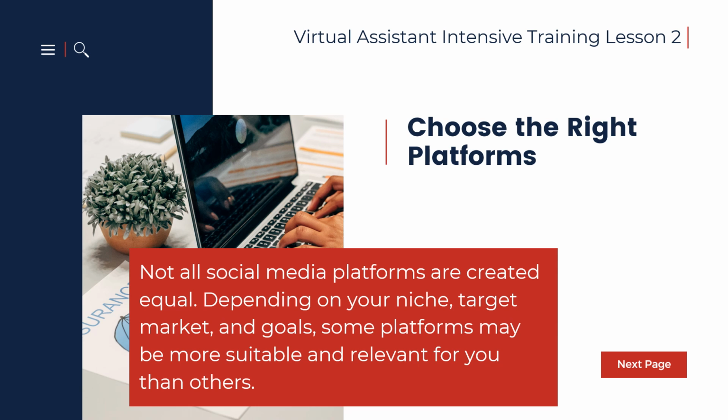Remember in lesson one, we have different categories or types of VA. So there are different platforms. When we say platforms, that's Facebook, Instagram, Twitter, LinkedIn, even Quora, and many, many others. There are a lot of platforms, YouTube even, but it depends on our niche.